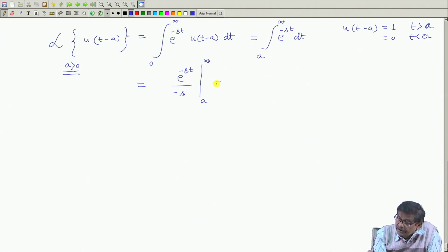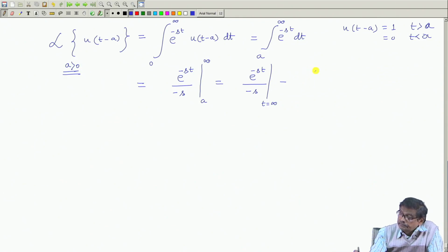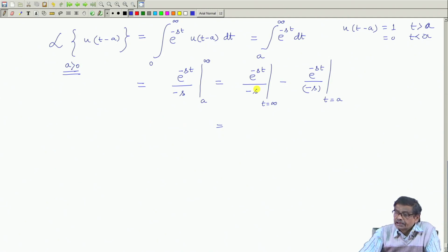So, this will once again be equal to e to the power minus s t by minus s evaluated at t equal to infinity, minus the same function, e to the power minus s t divided by minus s, evaluated at t equal to a. Once again, at t equal to infinity, this will tend to 0, because s is sigma plus j omega.